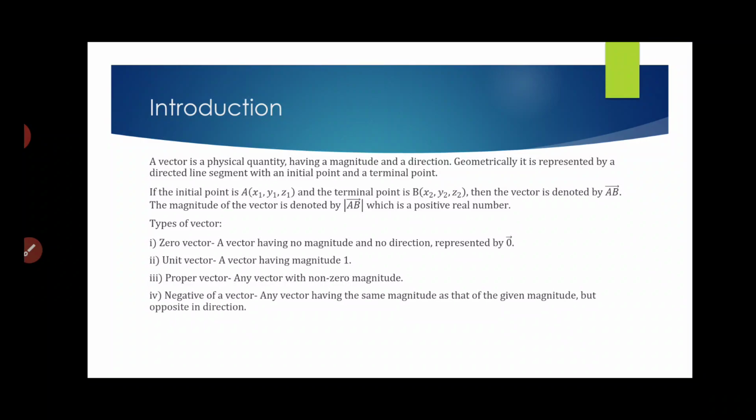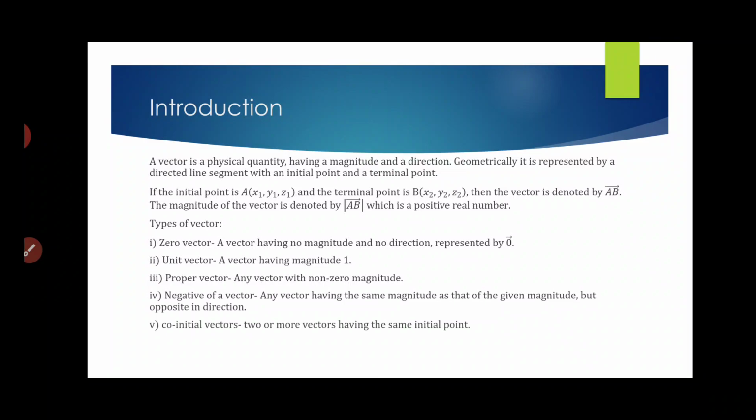Then comes negative of a vector. Negative of a vector means a vector which has the same magnitude as a given vector but exactly the opposite direction. Then we have co-initial vectors.